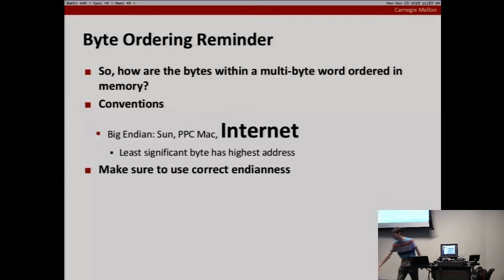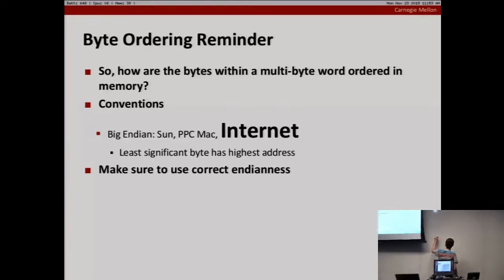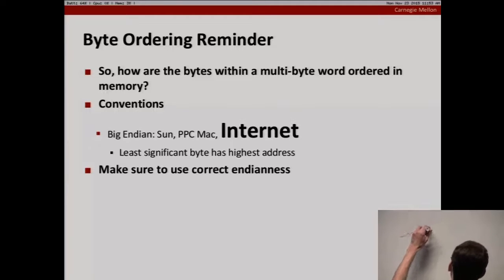If you remember the difference, if we have the bytes 1, 2, 3, 4, 5, 6, 7, 8 in hex and big endian, then this is laid out as 1, 2, 3, 4, 5, 6, 7, 8, which is the opposite of when you were doing your attack lab.